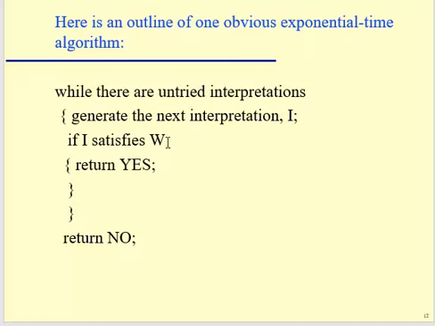If it satisfies W, then return yes, otherwise we will return no. So here we need to try all the interpretations, all the inputs. How many inputs are there? 2 raised to power n. That means the complexity of this is exponential. This deterministic algorithm can't be solved in polynomial time.